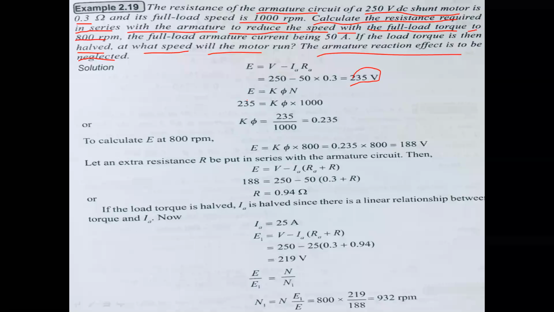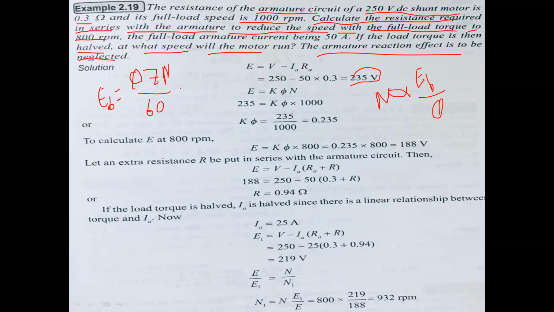We know that back EMF equals some constant K into phi N. The speed is proportional to back EMF. The general formula is Eb equals phi Z N by 60 into P by A. From this, P by A is constant, 60 is constant, Z is constant. So Eb is proportional to flux and speed.